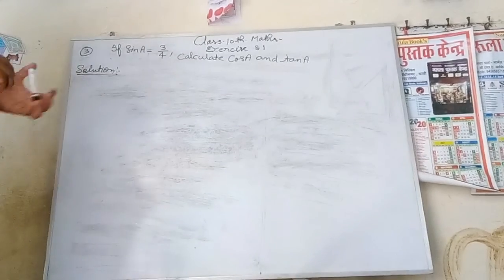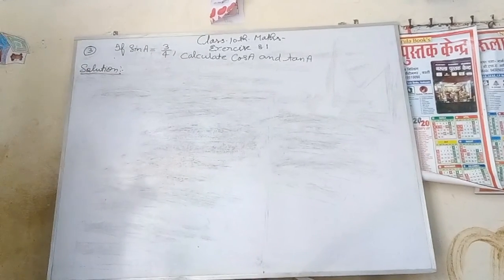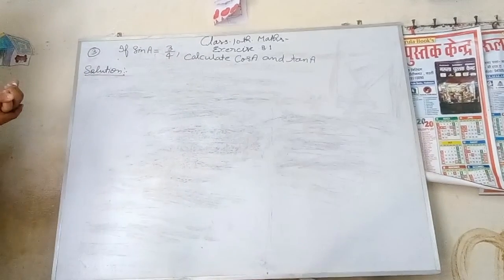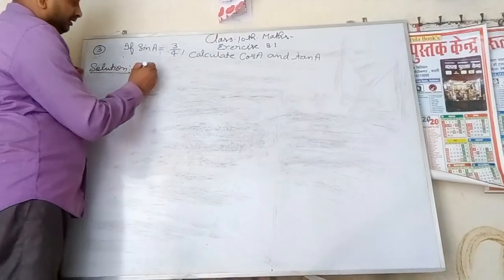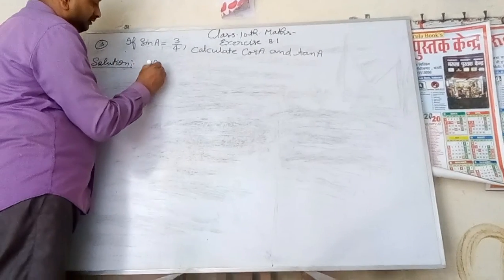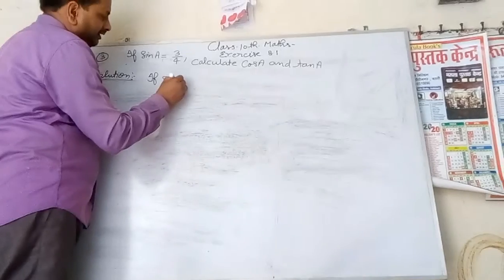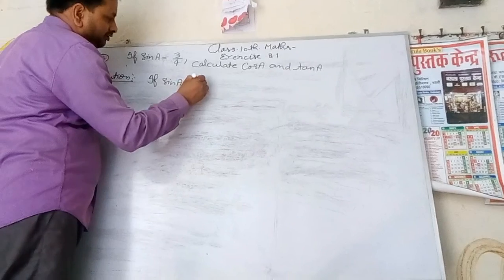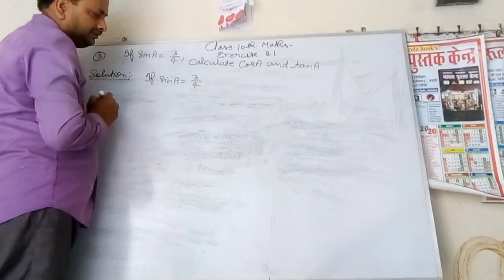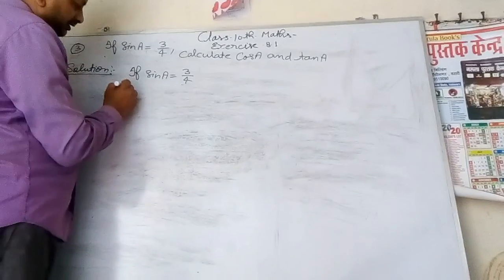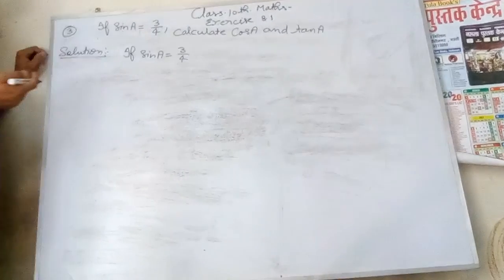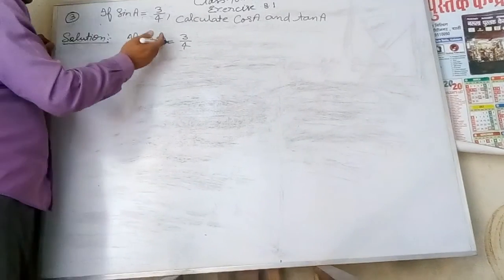So in our question given that sin of angle A equal to 3/4 means sin of any angle is perpendicular upon hypotenuse.